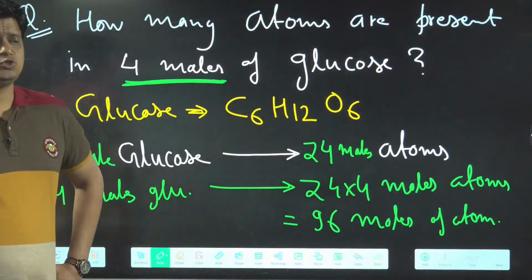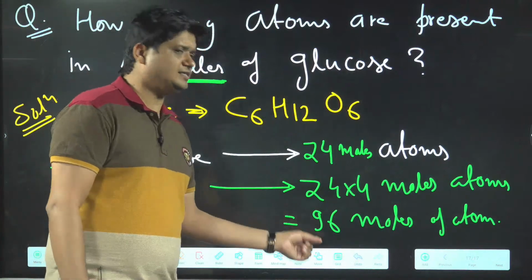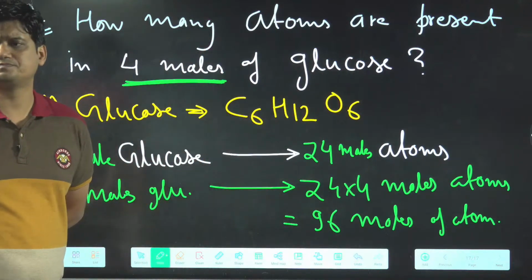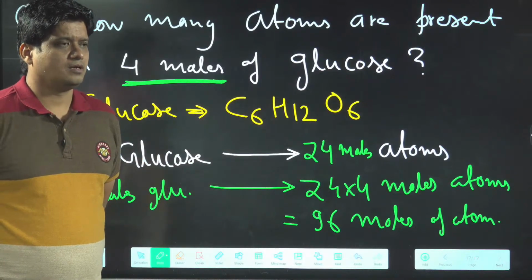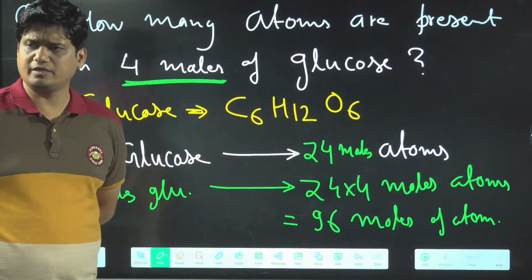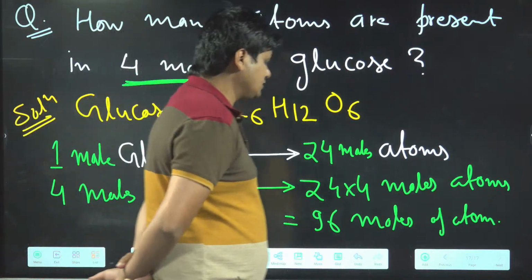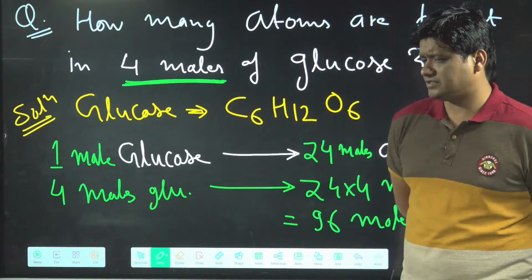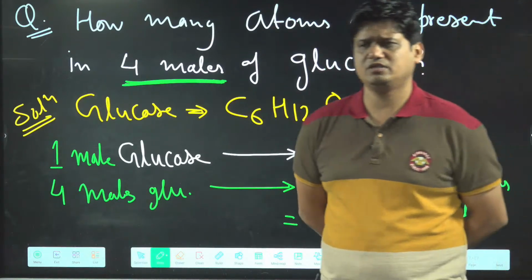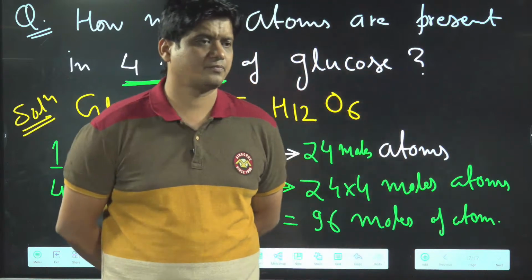Now what happened? Most of the students give this 96 as an answer. They say, okay, 96 is done. Mostly I found that a student simply thinks, okay, 96 is coming and 96 is also given in the option, so 96 is the correct answer.